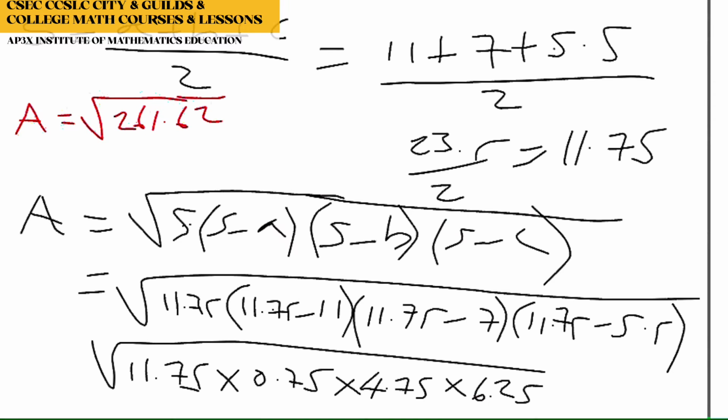And then go ahead and process the square root of that number. 16.17 square centimeters. All right, but the question is not finished because that is only the area of the triangle.